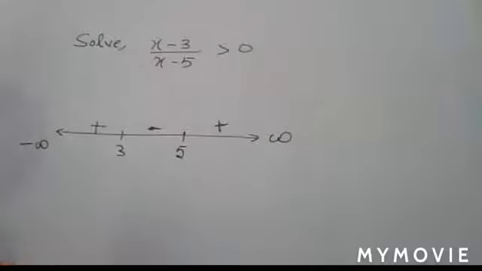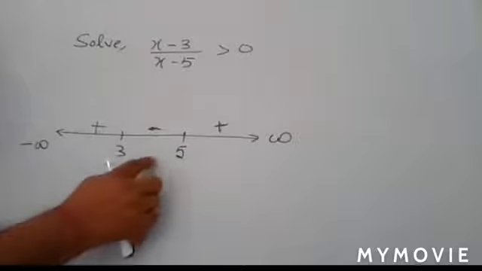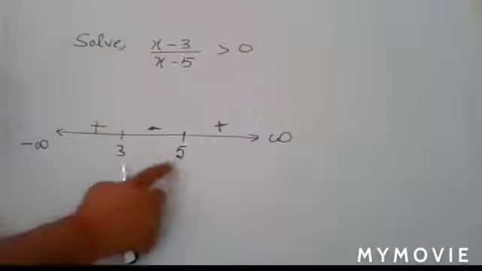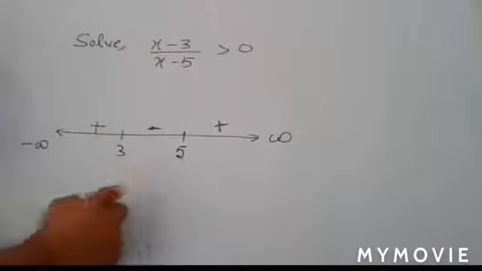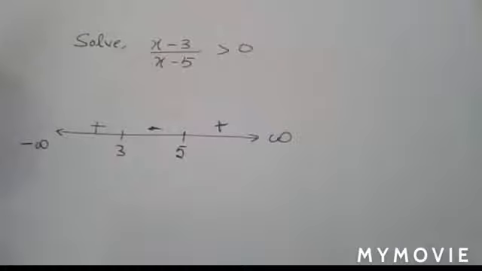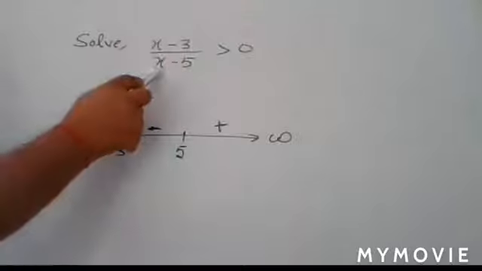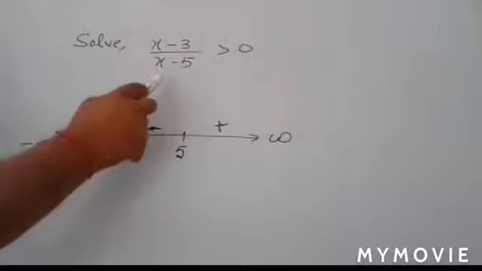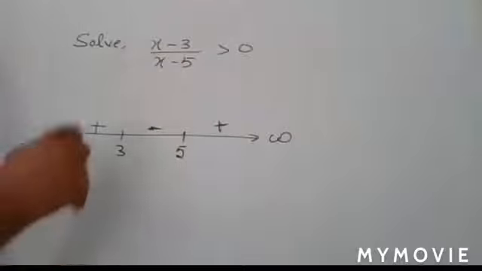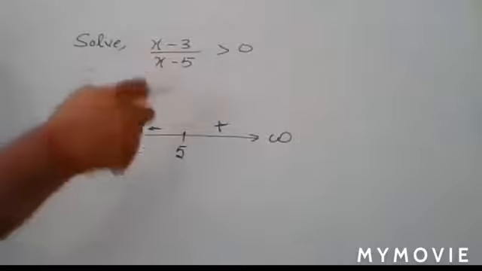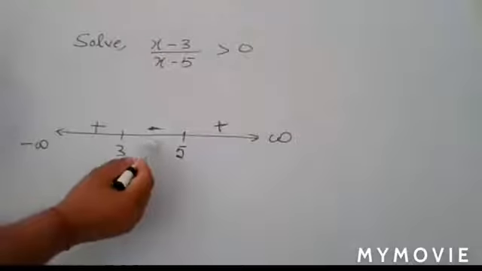If you want to check it, see how it becomes negative. Suppose you take any point between 3 and 5, say 4. If you put in 4, the numerator gives positive 1, and 4 minus 5 is negative, so the sign of the fraction becomes negative. That's why this region is negative.